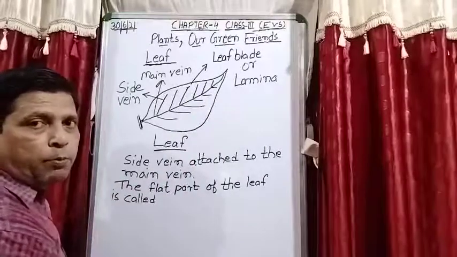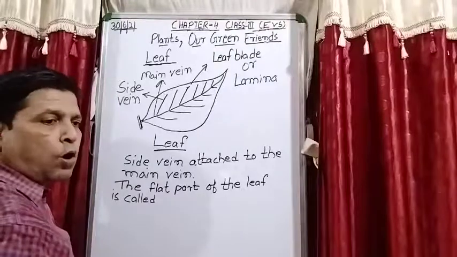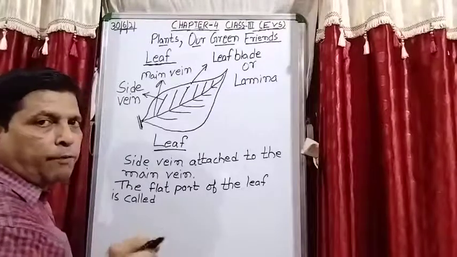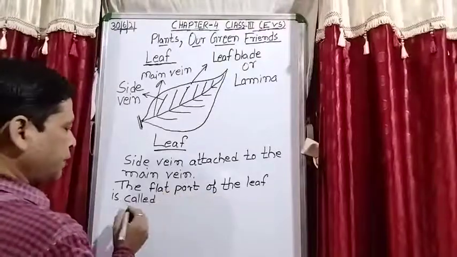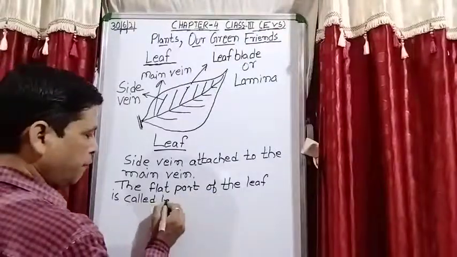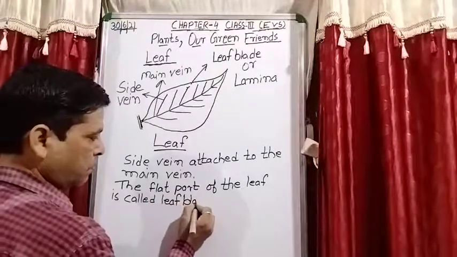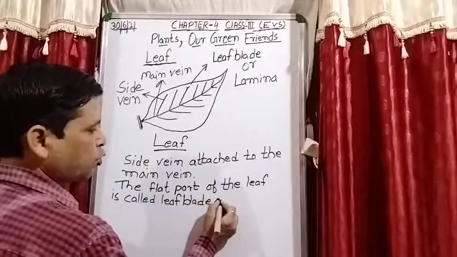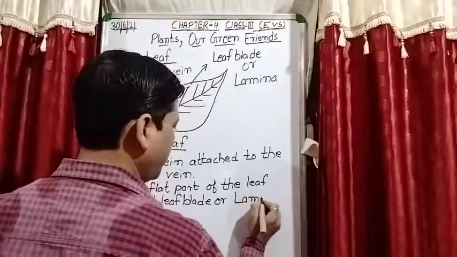So I am writing it in the form of a sentence so that you underline it in your book or you can note it down in the rough copy of EVS. This flat part of the leaf is called leaf blade, or you can also say it as lamina.